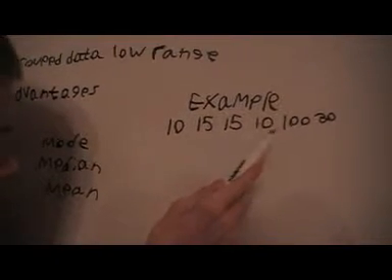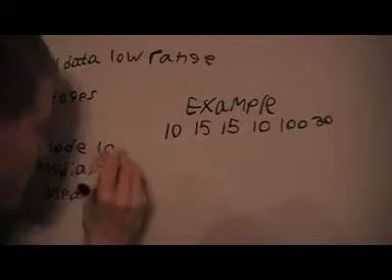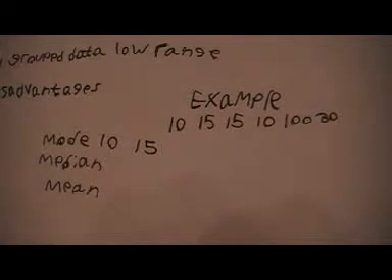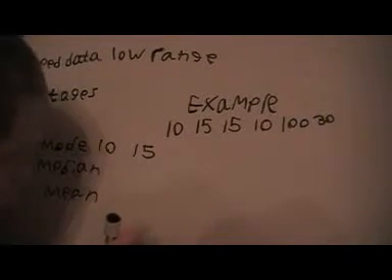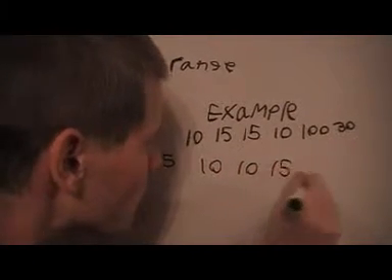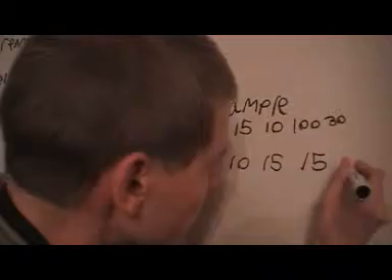Now I've got 6 pieces of data. I've got 2 10s and 2 15s, which occur the most. So the mode is going to be 10 and 15. And for the median, we'll put the data in order. This is not too hard.